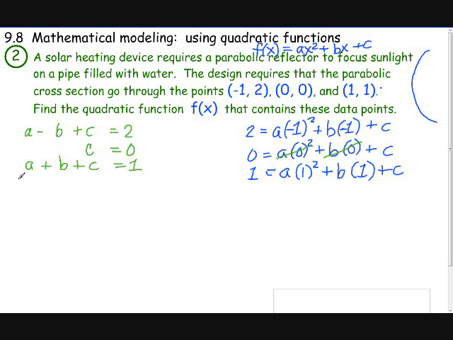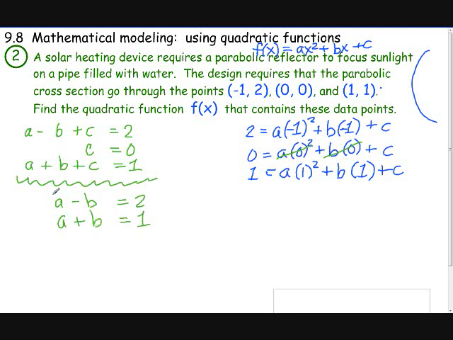Now I told you it doesn't always happen that we can figure out what c is right off. And now I've had 3 examples in a row where that happened. Believe me, we're just lucky. So I'm going to incorporate that right now. C is equal to 0, so I'm going to rewrite that with that information in here. A minus b equals 2 because c is 0. And my third equation, a plus b equals 1.